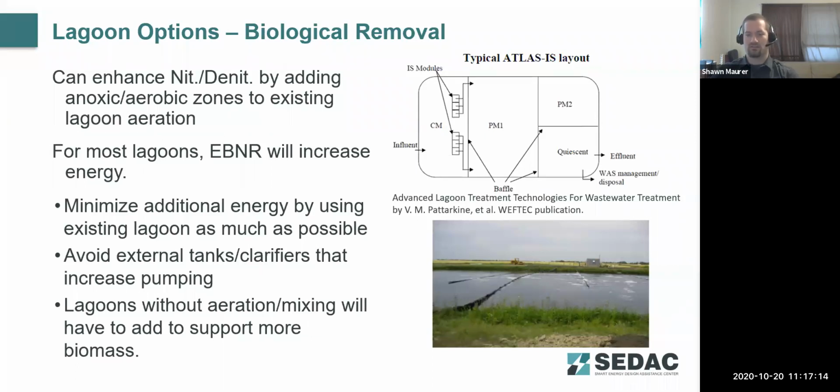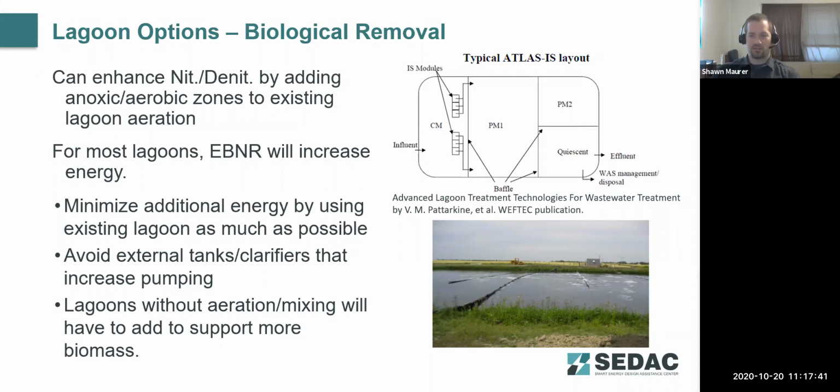So you want to try to, if you can, avoid adding external processing tanks. But that is a common process for handling phosphorus: adding in an anaerobic tank outside the lagoon on the inlet side, doing that anaerobic processing that promotes the growth of phosphorus absorbing organisms, and then letting that feed into the lagoon for nitrification and denitrification.